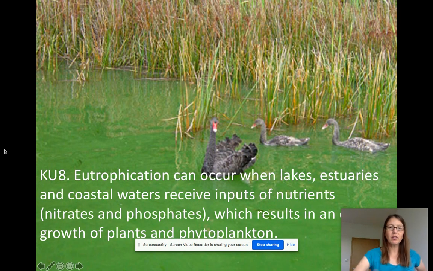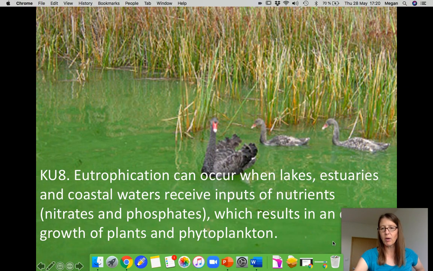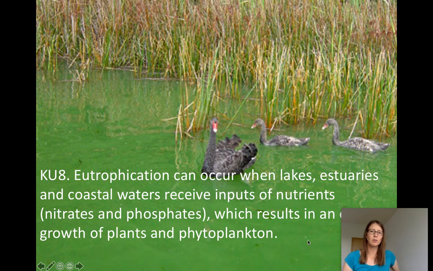So eutrophication is the enrichment of a body of water with nitrates and phosphates. Okay, so it's a rush of a whole bunch of extra nutrients like nitrates and phosphates that get into a body of water. That is eutrophication.